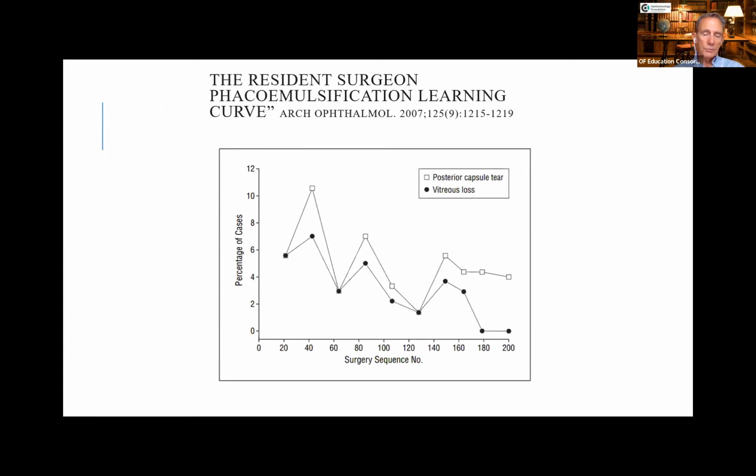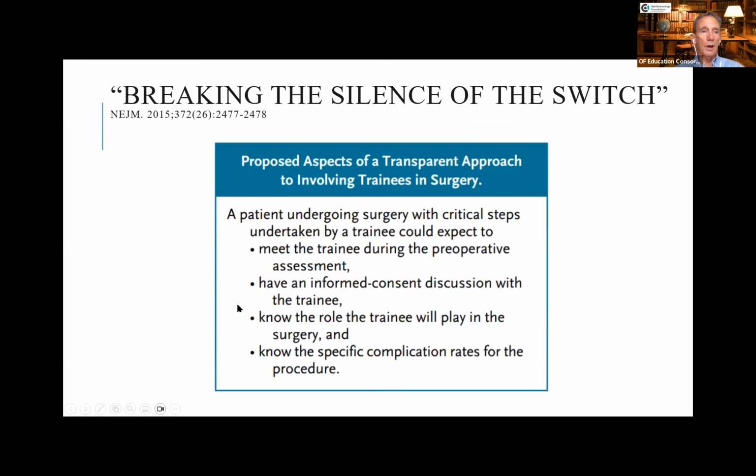Related to this topic, we all know that this curve that appears here is true. The more surgeries a resident does, the fewer complications they get. There was a very interesting article called Breaking the Silence of the Switch. This means breaking the silence when you stand up, the resident takes your place and goes on operating.